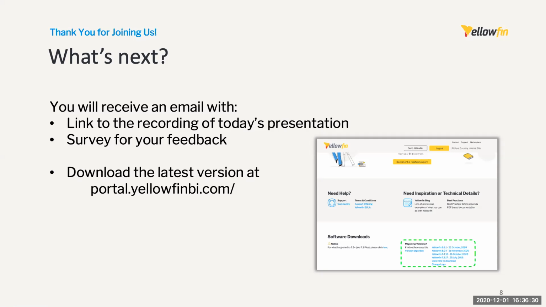So get on there, download, upgrade. If you need any assistance with it, then please do reach out to us. We're here to help. We want to make sure that everybody's upgraded to the latest version to see all the good work we've been doing and to benefit from all the features and functionality that we're pushing into Yellowfin version 9.